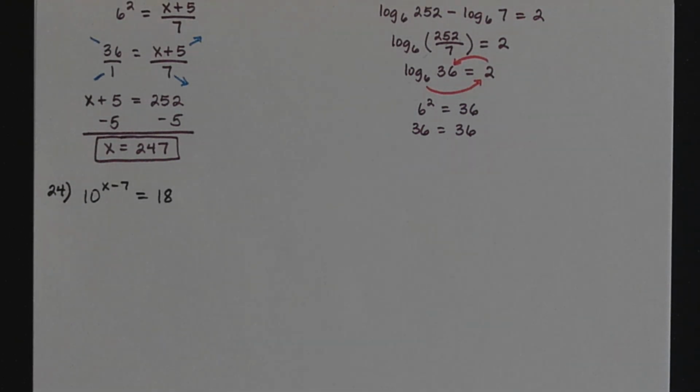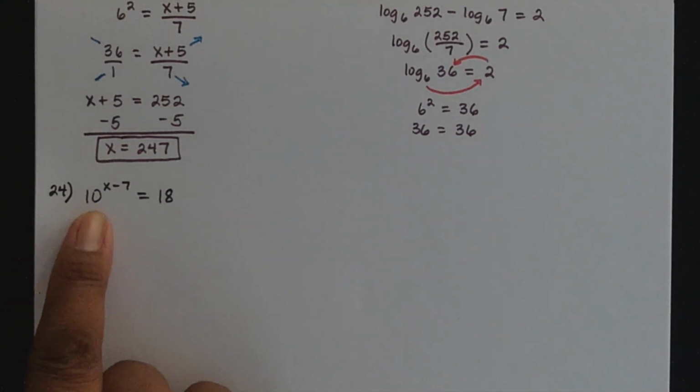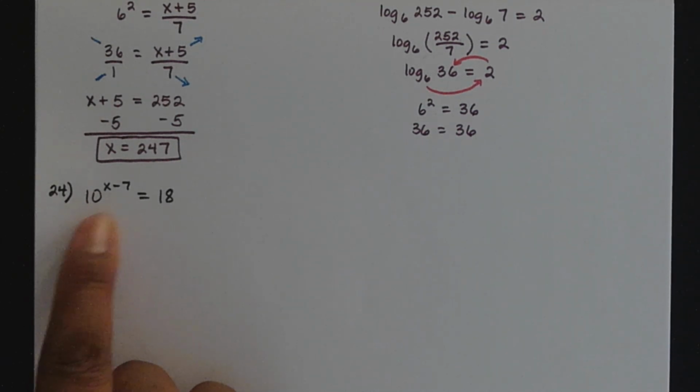For this variable, or just for x, we're going to round the final answer to the nearest hundredth, or to 2 decimal places. In this case here, you want to make sure that the exponential expression is by itself. Okay? And it is.